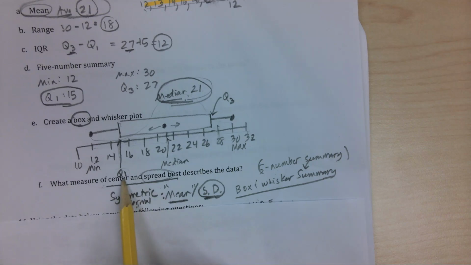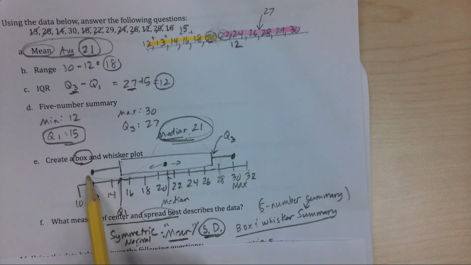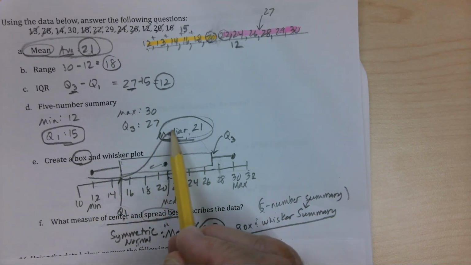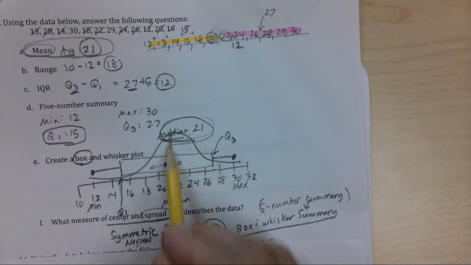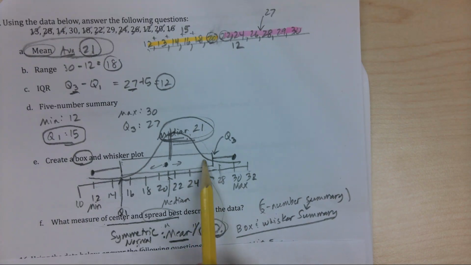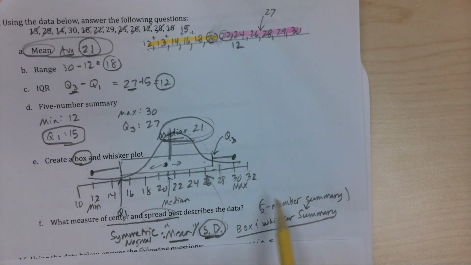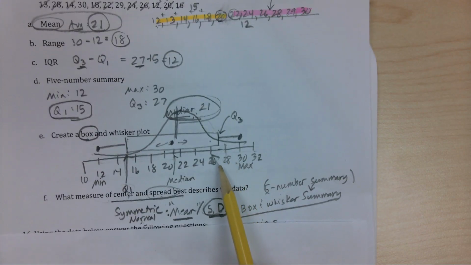And then as far as what works on this sort of curve, which we would call a normal or bell curve, standard deviation works only for these that are considered normal distribution. So I know that's a mouthful, but that's basically what they're asking for.